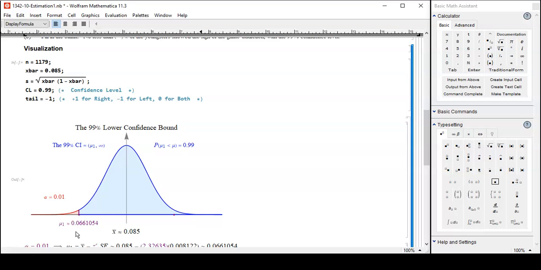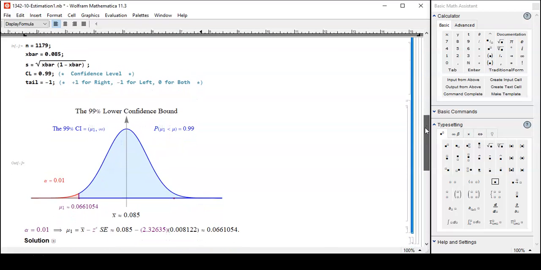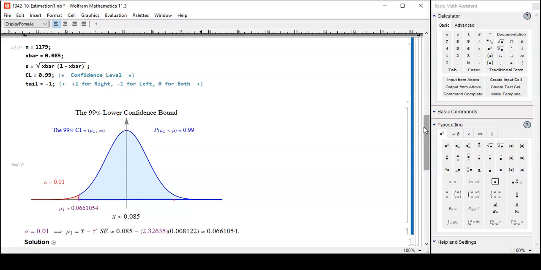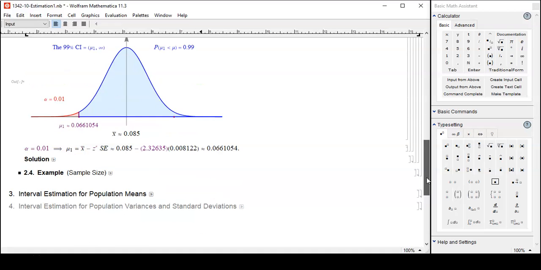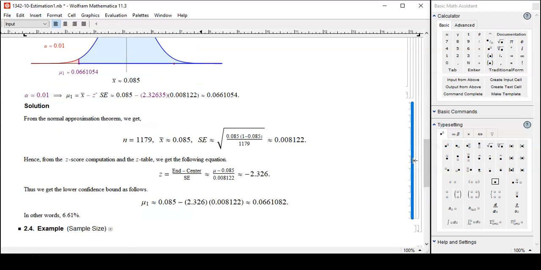Anyway, here we're looking for the lower confidence bound. So you have to look up the z-score associated to 1% here because the other is 99%. And if you do that, you're going to get about 2.33. So the center minus the margin of error, center minus z times sc, z-score will turn out to about 2.33 if you look up correctly. And then if you want to do it from scratch, here we go.